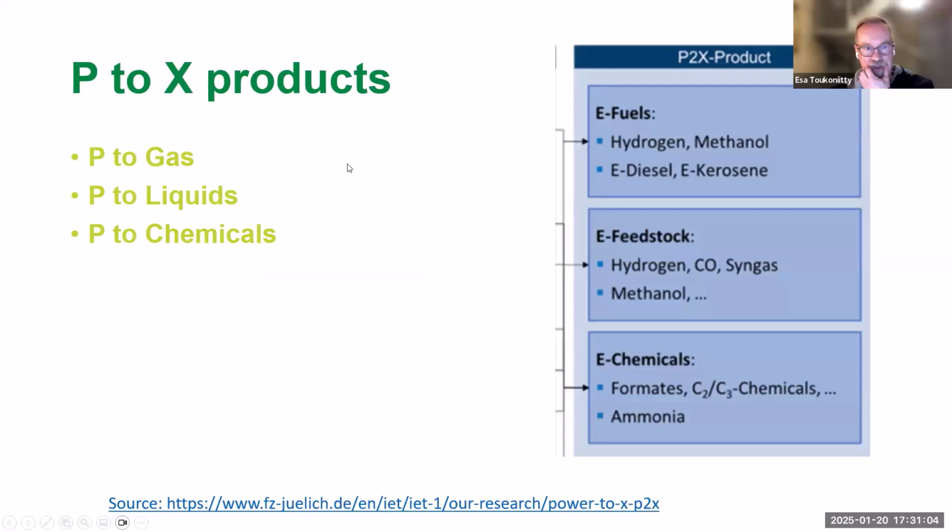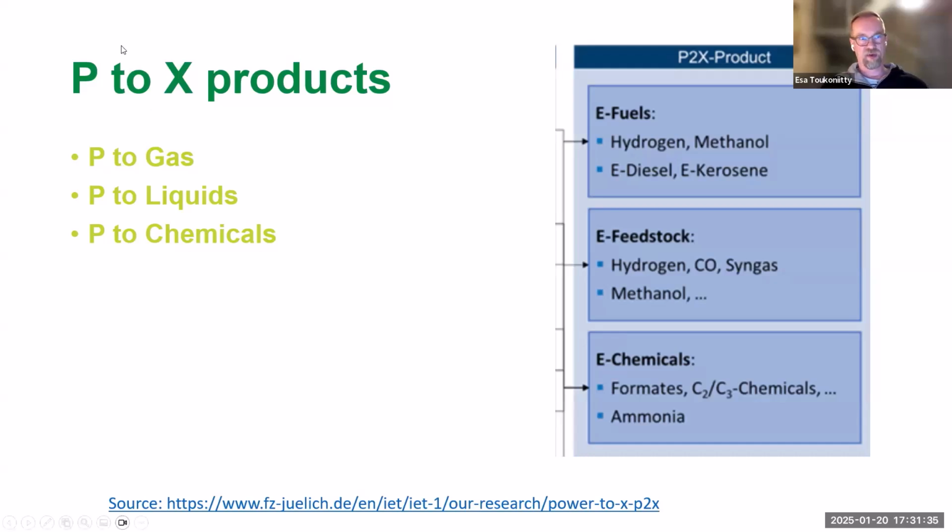Products I already mentioned multiple times, but maybe here one thing that comes to my mind is that the majority of these products are currently made from natural gas or crude oil and processed in the traditional oil refining and petrochemical industry.